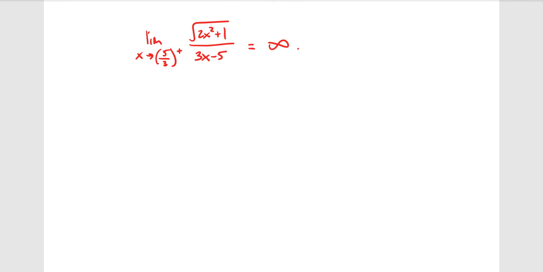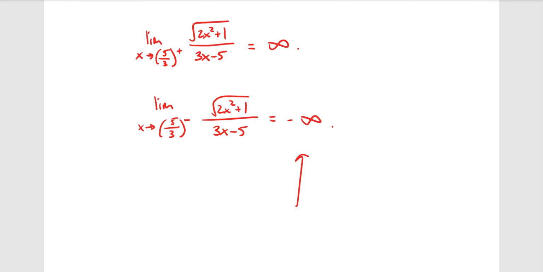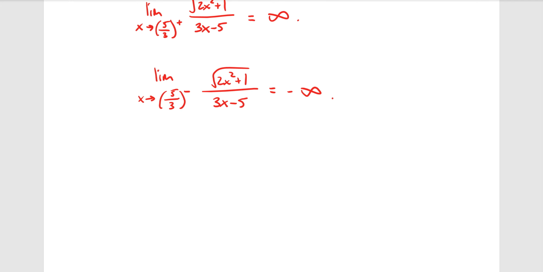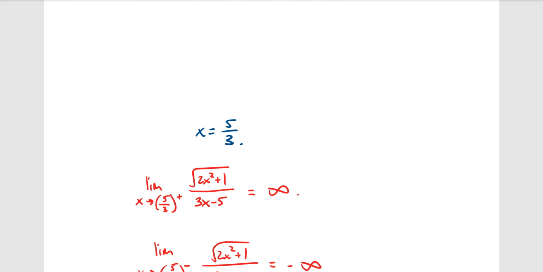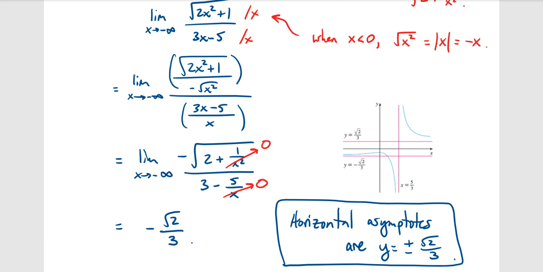And then similarly, as we approach 5/3 from the left, we would see that this equals negative infinity. So the infinity answers tell us a vertical asymptote, and then as x approaches infinity or negative infinity, that would be the horizontal asymptote. So we can see the vertical asymptote in this graph right up here also. Here it is right here.